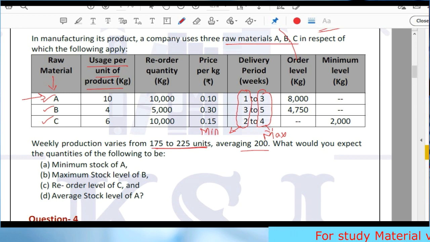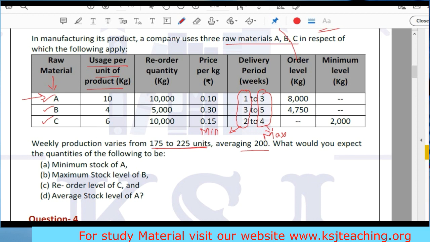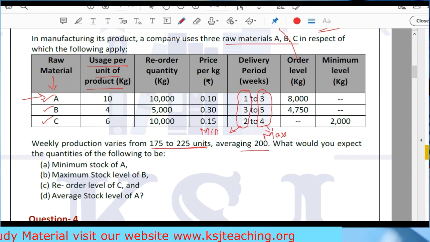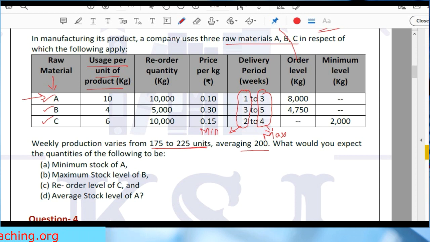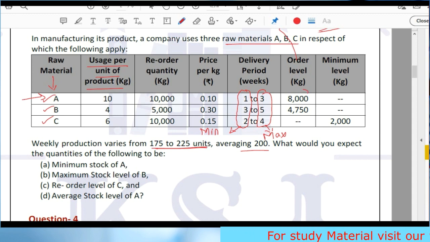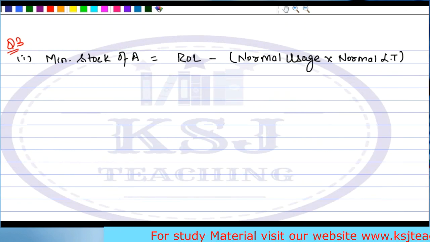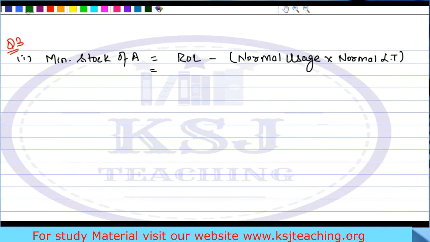Do not confuse them. In the last lecture, I took the example that 3 kg is the reorder level and I ordered a bag of 10 kg; that 10 kg is my reorder quantity. Now the reorder level for A is given as 8000, so I can write 8000 here.